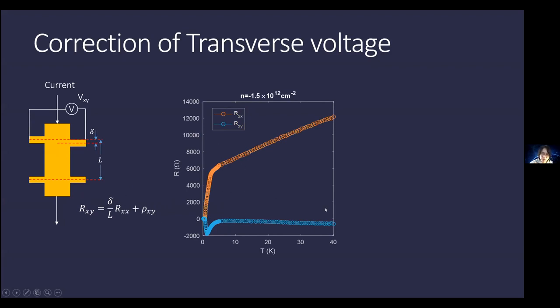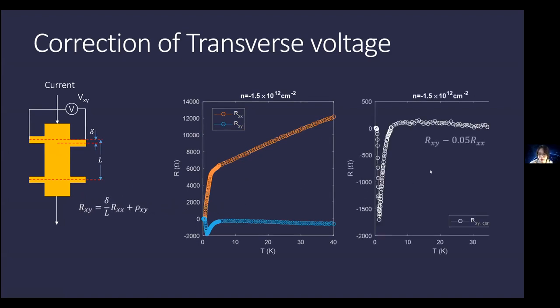So at high temperature, we can calculate this ratio, and then we subtract this contribution from the RXX, and this is what we get. So indeed, at high temperature, we can do this subtraction pretty nicely, but we see that at low temperatures, below about 6 Kelvin in this case, there is a large RXY signal, and this signal we attribute to the anisotropy of the normal state of the system.